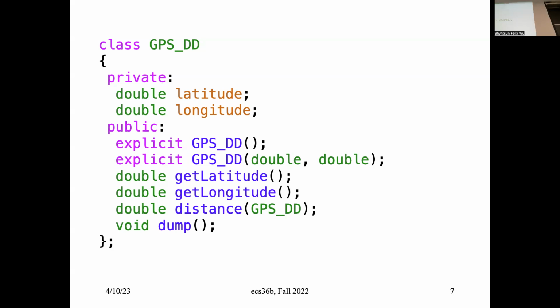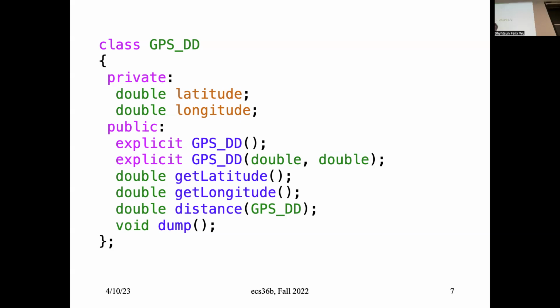Now I say, what's your name? Nitin, right? So I create an object called Nitin. When I want to look at all of Nitin's record, I don't want to say, this is your name, this is your social security number, this is your ECS 36B score, or something like that. I just say Nitin dump. It will dump everything you have.